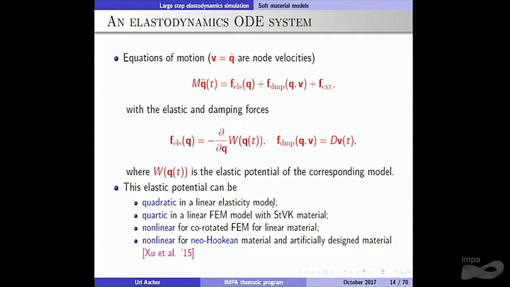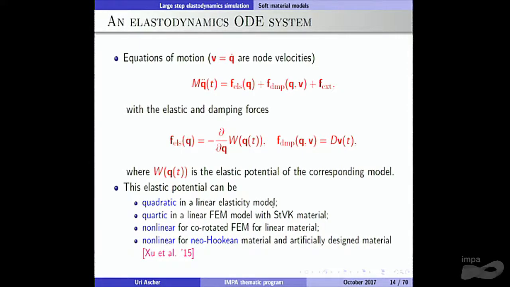And the damping, we are going to write it as D times V, and D will depend on Q and V. In the simplest case, W will be quadratic, and here we are therefore going to be linear, so it's going to be a constant matrix times the vector Q. And then when I take another derivative, that constant matrix called K will be constant. Quartic problems arise as well. It's called, I forget what this STVK is for.